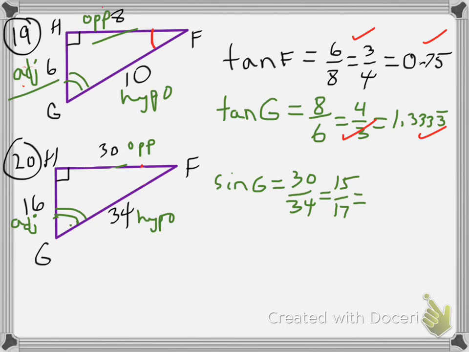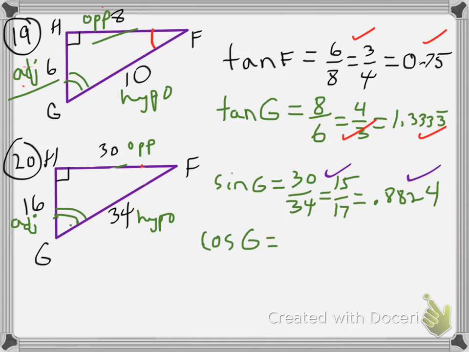And then they said, give me the decimal. So 15 divided by 17, or 30 divided by 34. The decimal is 0.8824. If you've done that, there's a point. What's the cosine of G?